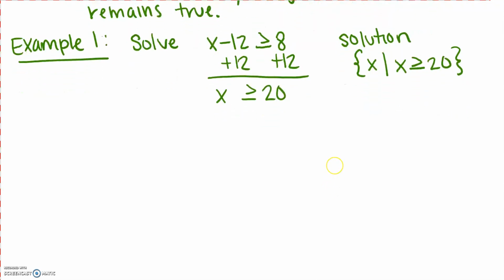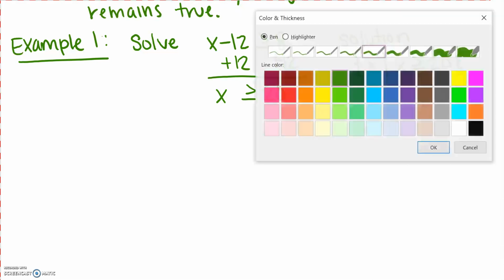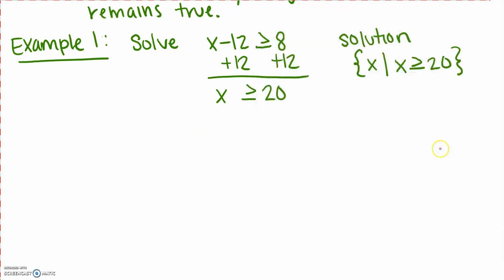Now, if that is our solution, we need to check it, and you can check by doing 3 things. You want to choose a number that is larger, smaller, and then the number itself that we have. So let's check our work.